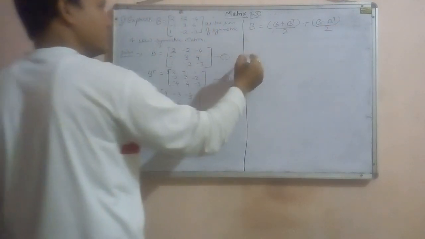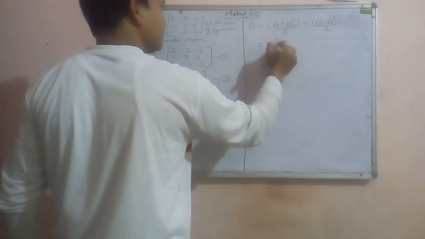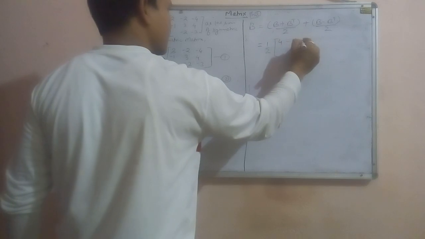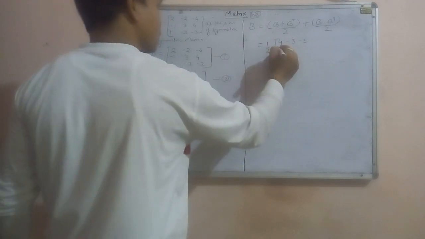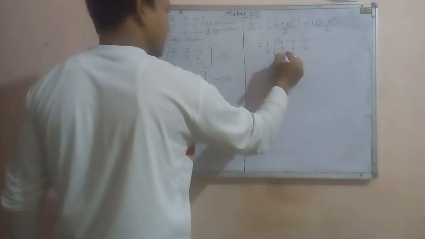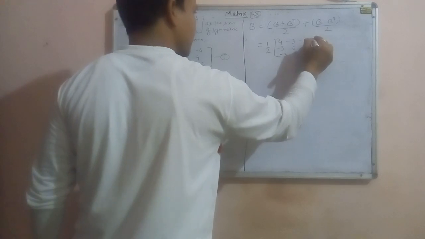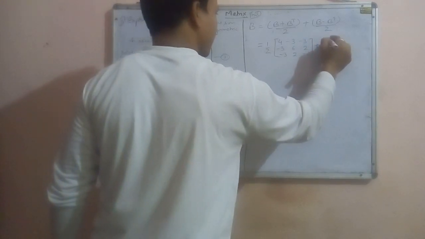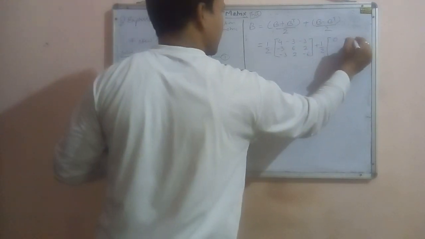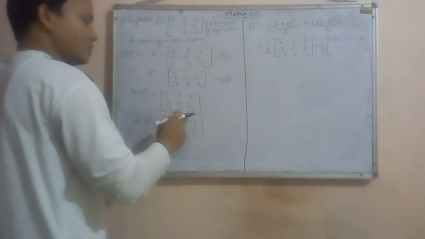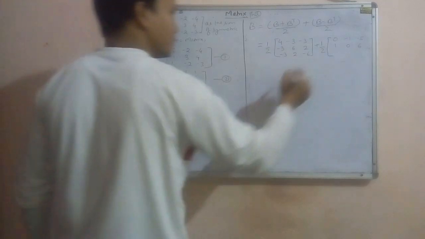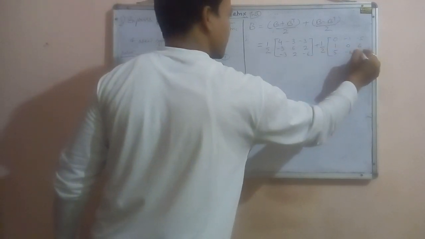Now substituting the values here, 1/2 times B plus B transpose, that is the matrix 4, -3, -3; -3, 6, 2; -3, 2, -6, plus half of B minus B transpose, that is 0, -1, -5; 1, 0, 6; 5, -6, 0.